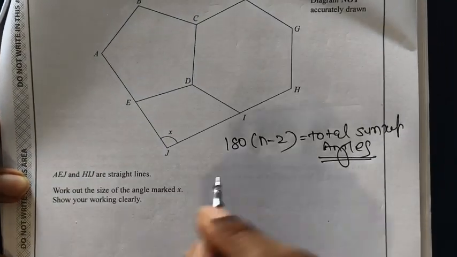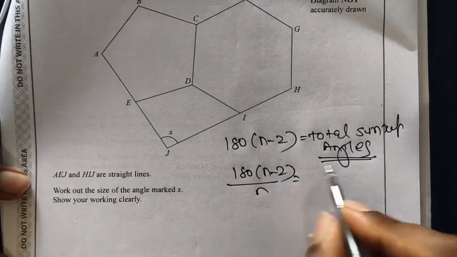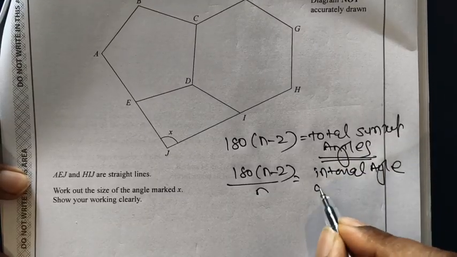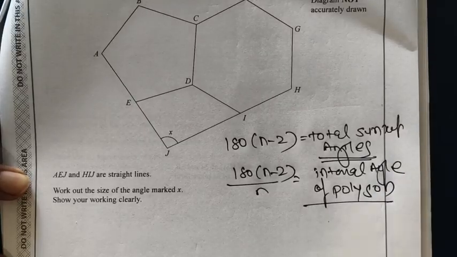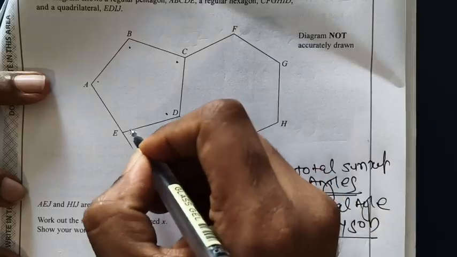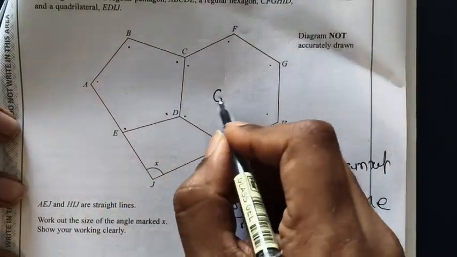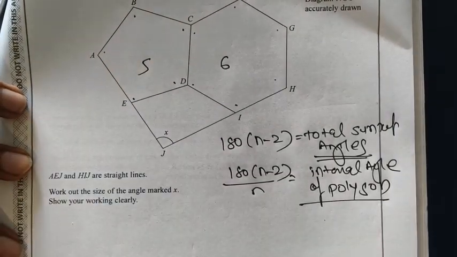Hence, 180 into n minus 2 upon n is equal to the internal angle of a polygon. Correct? So let's see here how things will work. There are 1, 2, 3, 4, 5, it's a pentagon, and 1, 2, 3, 4, 5, 6, it's a hexagon. Correct?